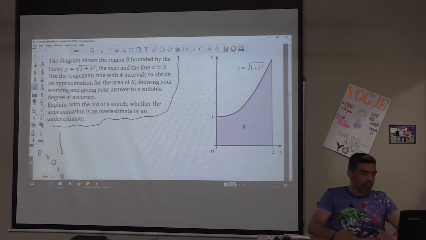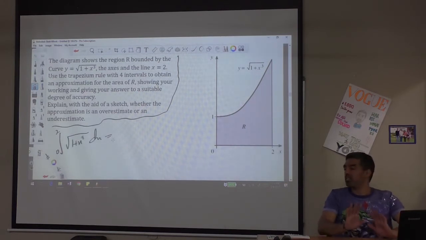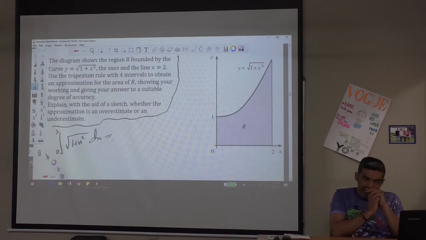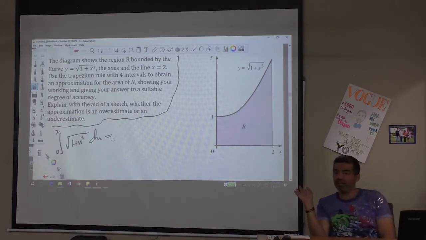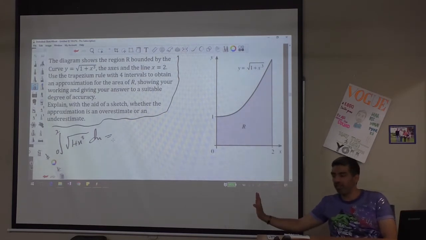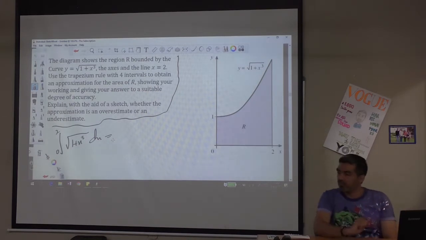Integrate from 0 to 2, root of 1 plus x cubed. This is what he's asking you to do actually, which he's saying in terms of area. Now for this, we use a Trapezium rule. Let's say you can't, by the way, integrate this with the techniques you have. This requires substitution. And let's say you substitution नहीं दिया हो, तो आप कैसे integrate करोगे? आप नहीं कर सकते. So let's use the Trapezium rule here.